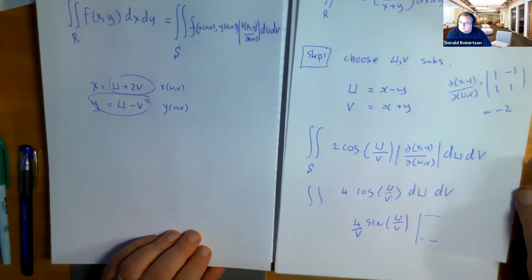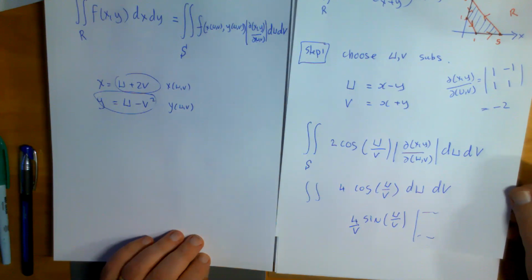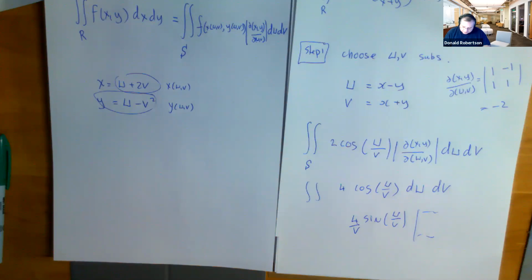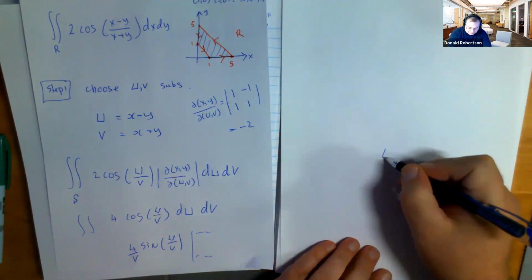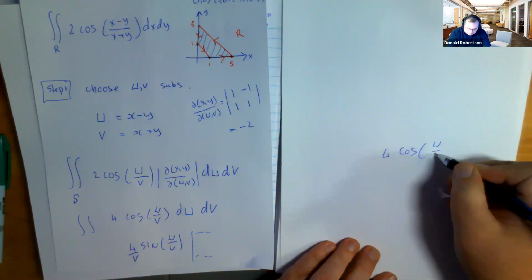Are we cool? Wouldn't it be divided by 1 over v? It would make it multiplied by 1 over v. So let's find out why. Let's put numbers in. Suppose I said I wanted to do 4 cosine of u over 3.